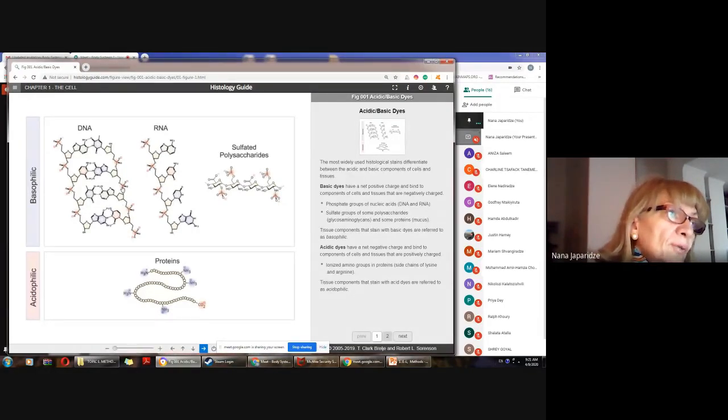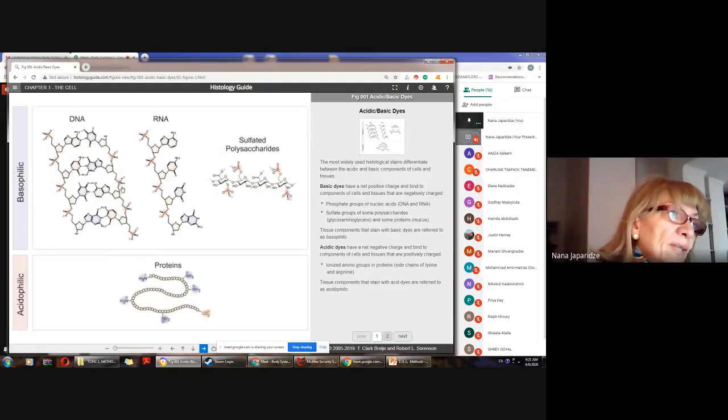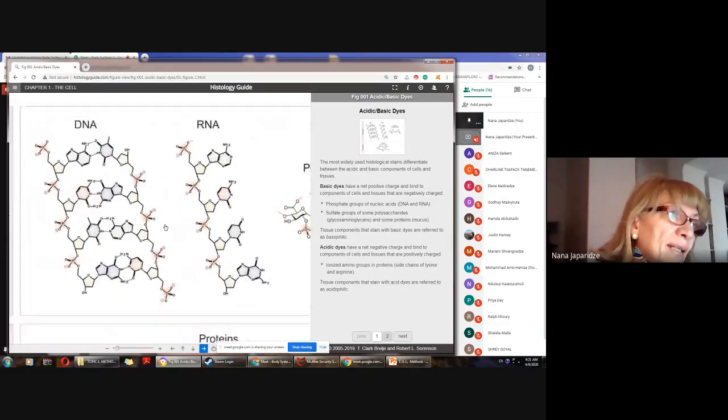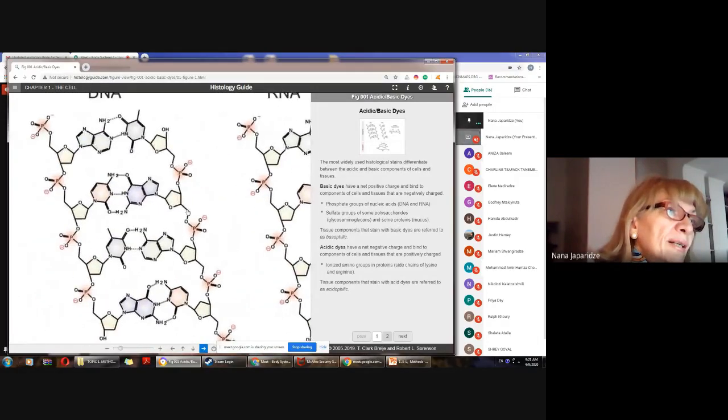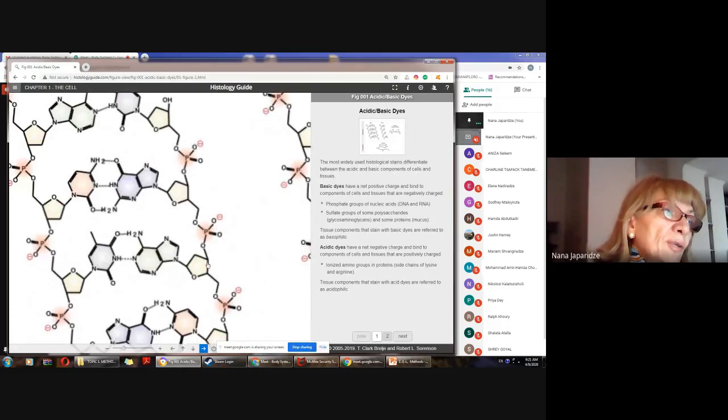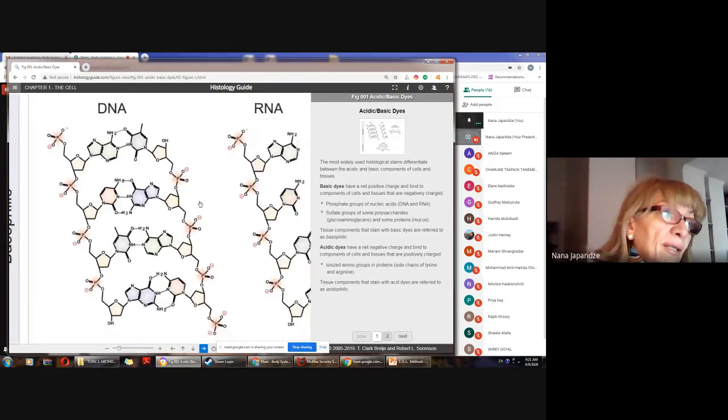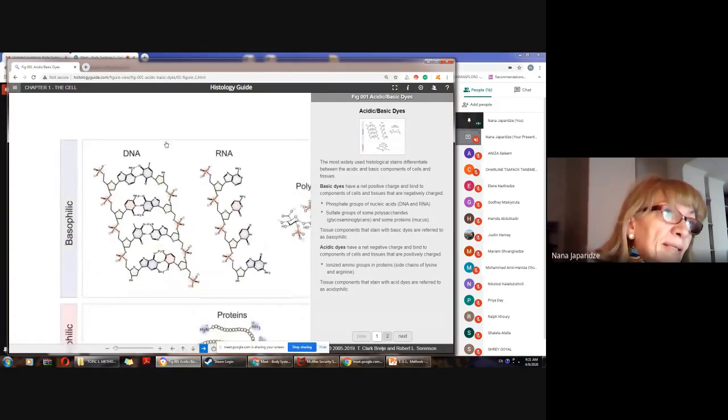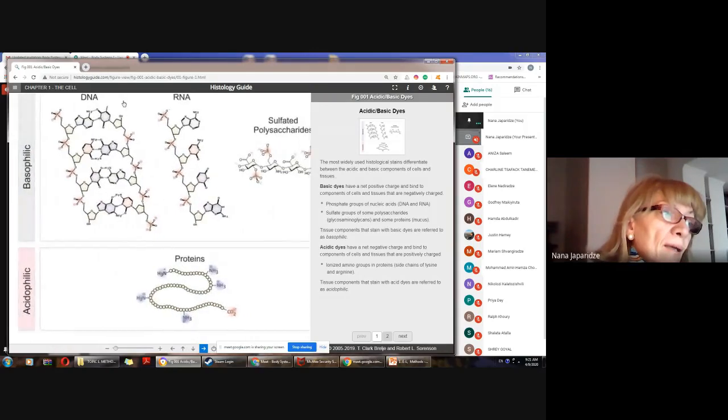So in the case of DNA and RNA, in the case of basophilic staining, you see here phosphate groups which are charged negatively and which are able to attract and bind the basic dye. That is why very well stained will be everything in the cell that contains nucleic acids.